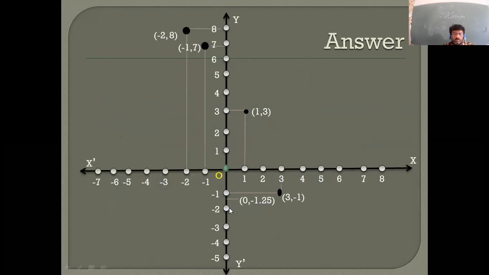Between -1 and -2, the exact middle is -1.5, and half of the way between -1 and -1.5 is -1.25. So this point is (0, -1.25).